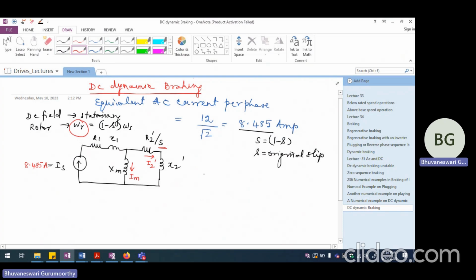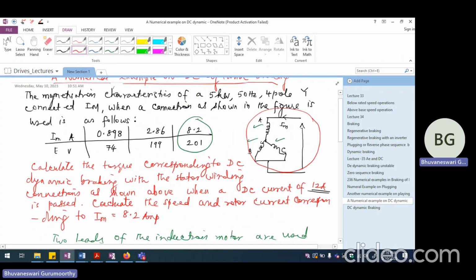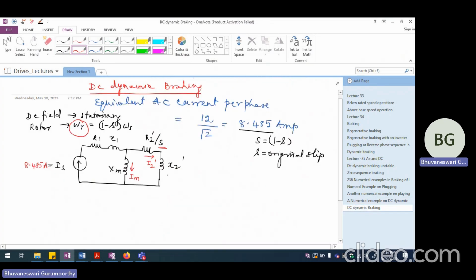And what is the XM value? XM value we will be able to calculate from what is given in the magnetization characteristics. It is given as 201 and 8.2. The magnetizing current is 8.2 and the induced EMF is 201 volts. So I should be able to write XM equal to 201 divided by 8.2.